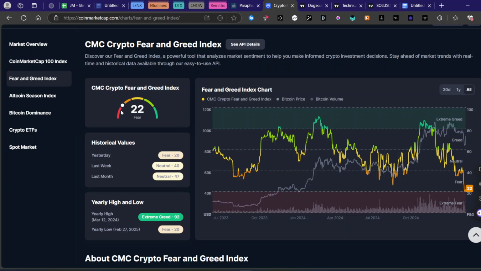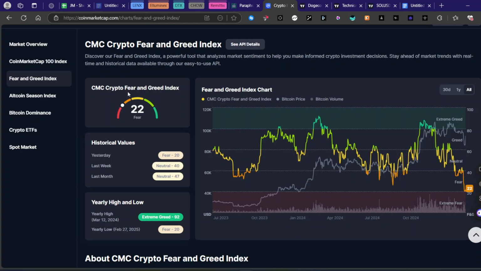Now, the 0 to 49 range represents fear. When the value is between 0 and about 39, it represents fear, meaning that traders are cautious.